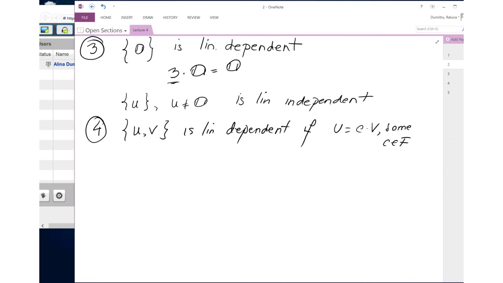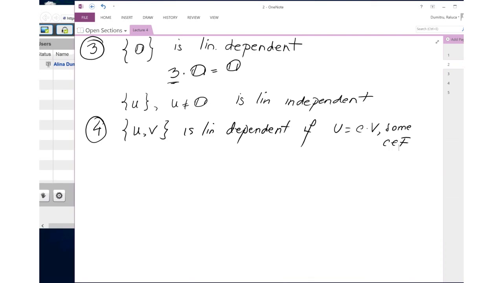If I have a large set of vectors, like 3 or more, 100 vectors, but inside that set, I notice a subset that is dependent, how will the big set be? Say a set of two vectors where one is a multiple of the other. So I notice a subset of two vectors in there that is dependent.